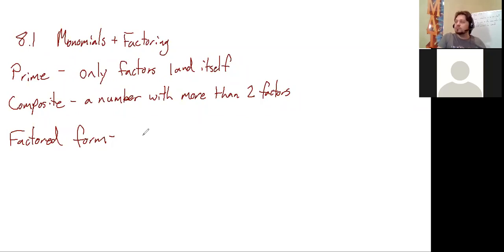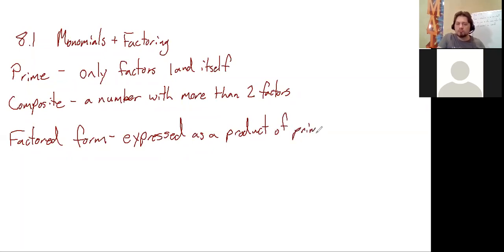And an important thing to note for a complete factored form, no variable or number has a power greater than 1.